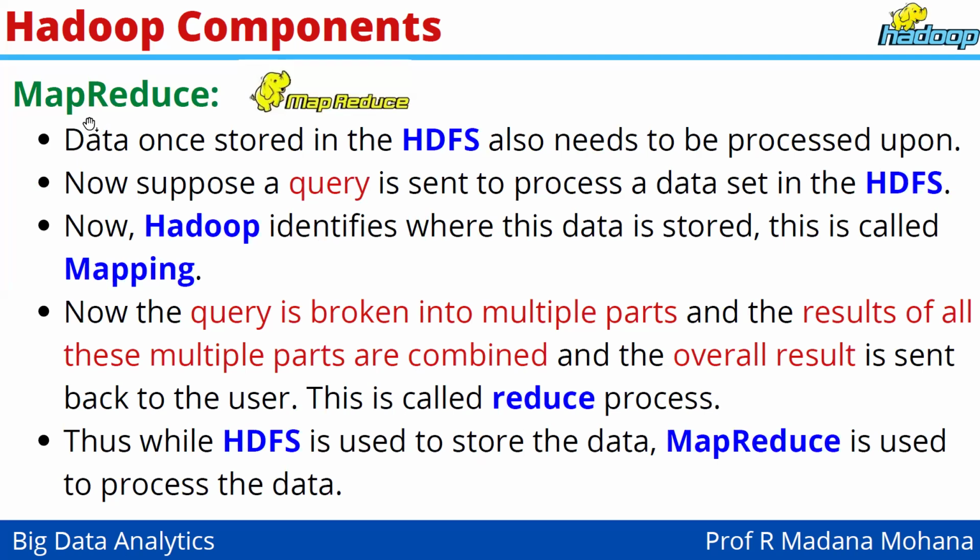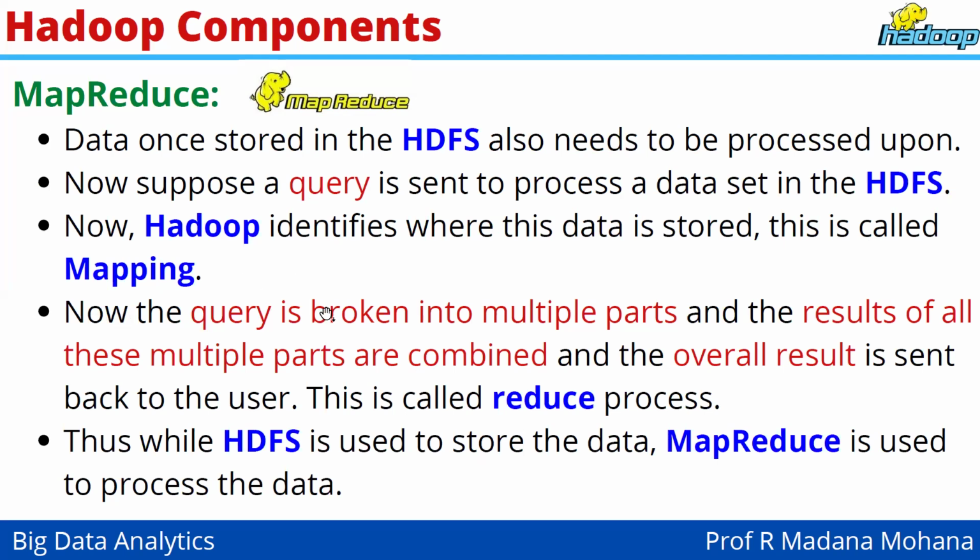Then coming to MapReduce. Here, data once stored in HDFS also needs to be processed further. Now suppose a query is sent to process a data set in HDFS. Hadoop identifies where this data is stored. This is called mapping: locating the data is called mapping.